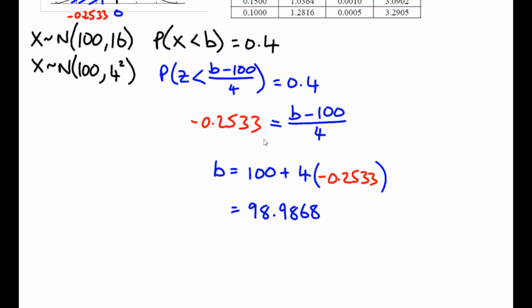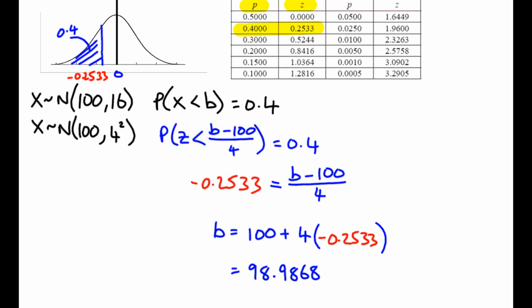Okay, can we do a sense check? The mean was 100, and I knew this value would be very close to the mean, since 40% is close to my 50%. So yeah, I'm happy that that's going to be an accurate, sensible answer. 98.9868 is the value of b.